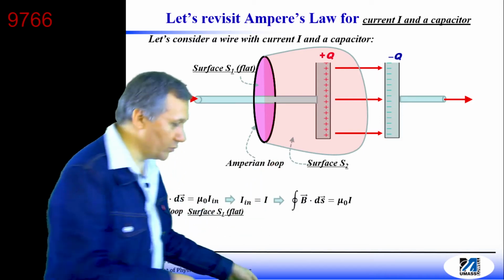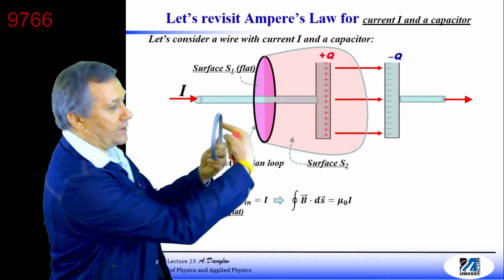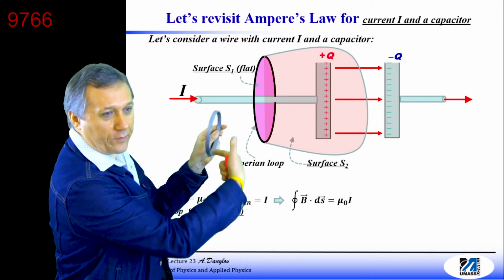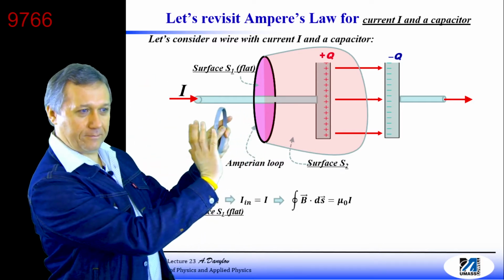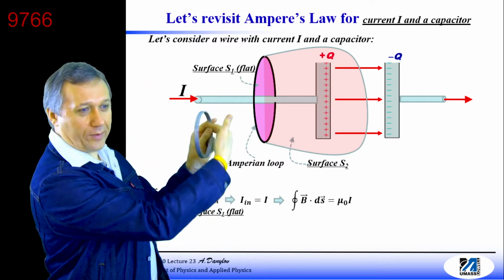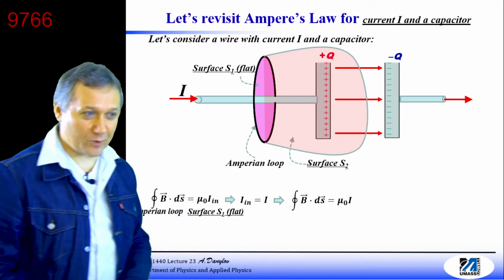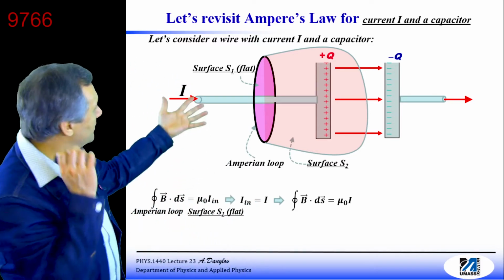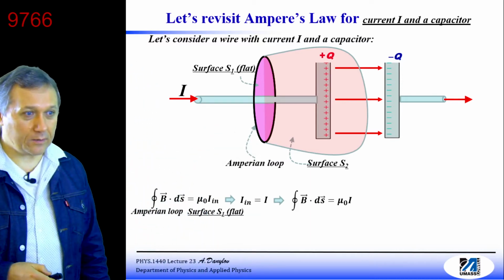So for this surface, there is no flat surface over here, and here is sort of an opening. So he picked this surface S2, this orangey surface.